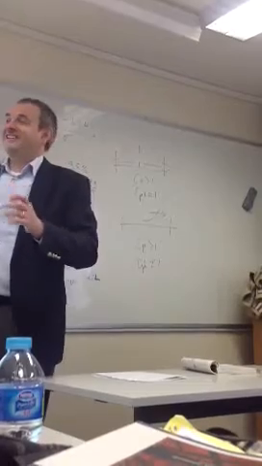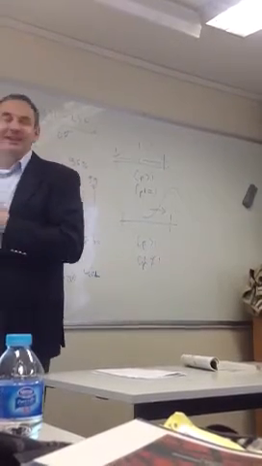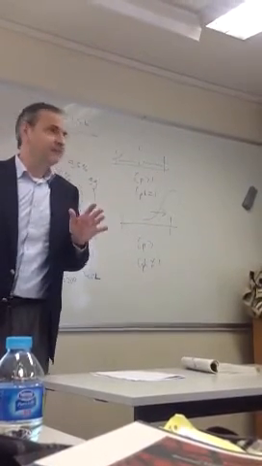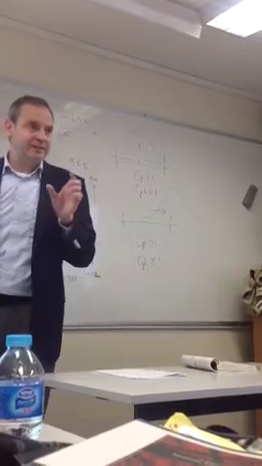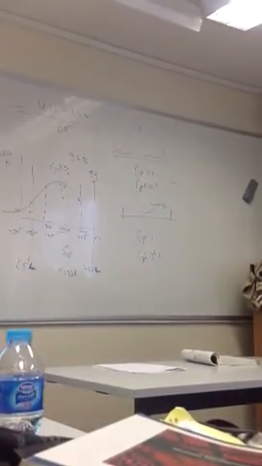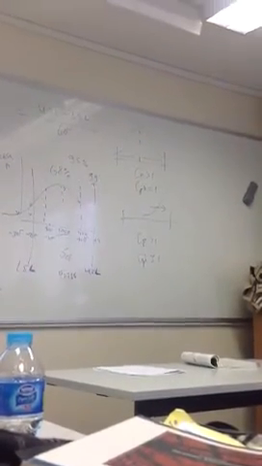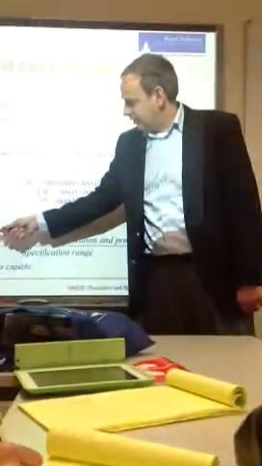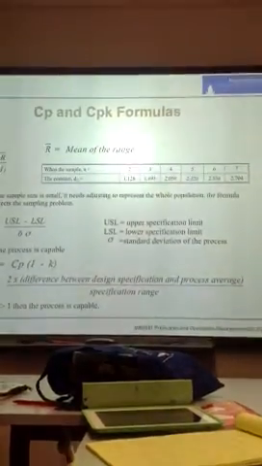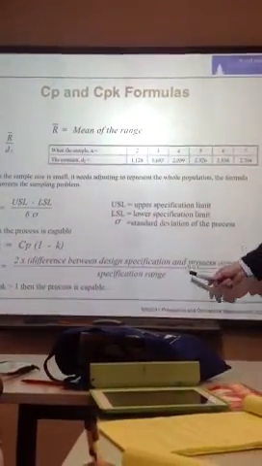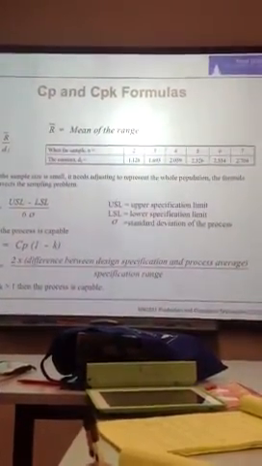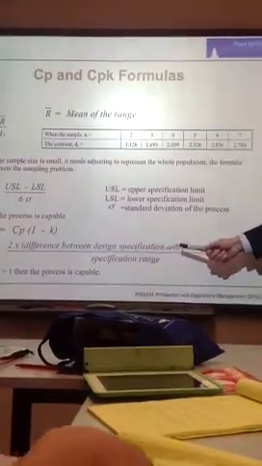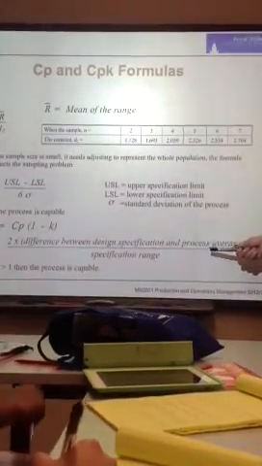Okay, it's just a slide. How do we calculate CPK? For CPK, we look first at CP. So we have the number here, CP. But we multiply it with a factor, 1 minus K. So what's K? How do you calculate K? You take the difference between the design spec and your process average.